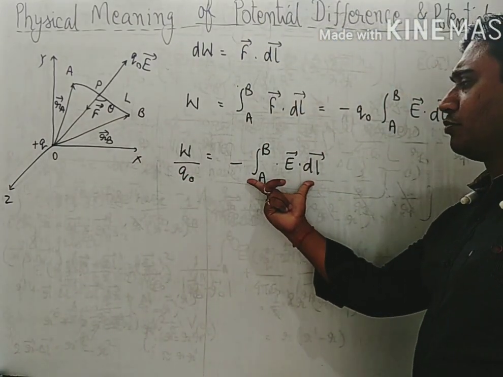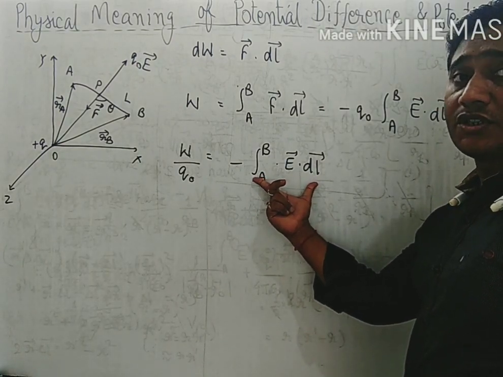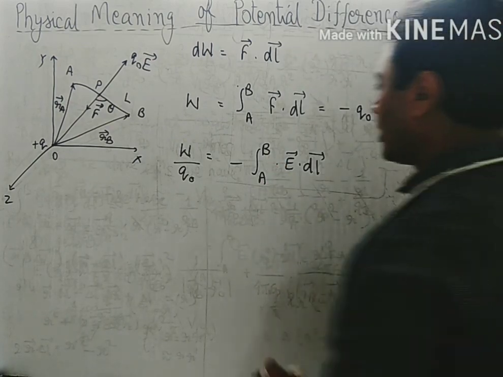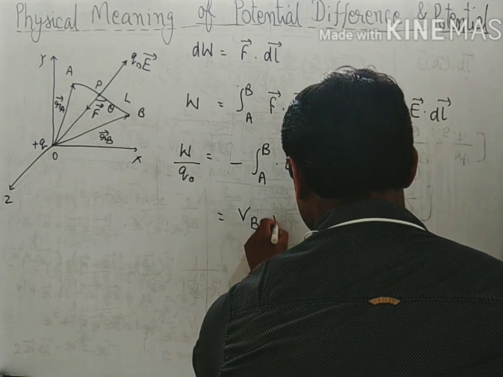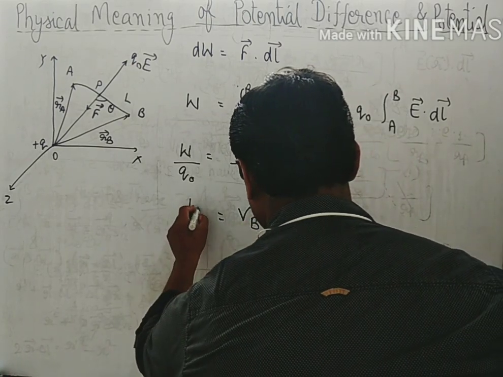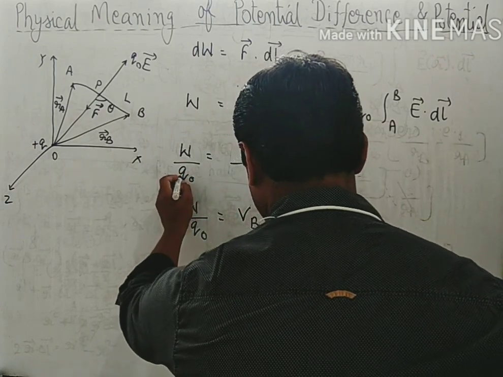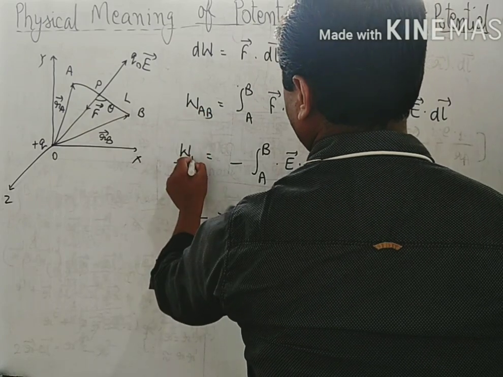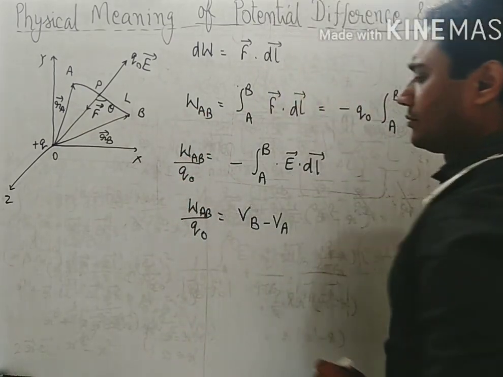And this simply gives us what? Potential difference between A and B. So we can write it as VB minus VA equals W upon Q naught. Here it would be better to write this between A and B, subscript AB, that will be much more clear.